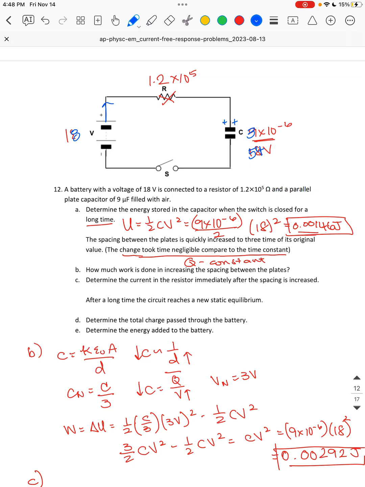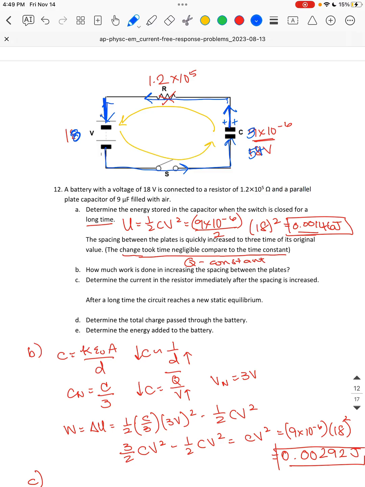I know that this has 54 volts pushing upward, and this has 18 volts pushing upward. I always follow the voltage that's stronger because I know that's going to overpower the battery. So in this scenario, I'm going to create a current going up to the left and down, and then it's going to go to the right and then up. And it doesn't matter what direction your loop is. I always like to make the loop in the direction of current to make my life easier.